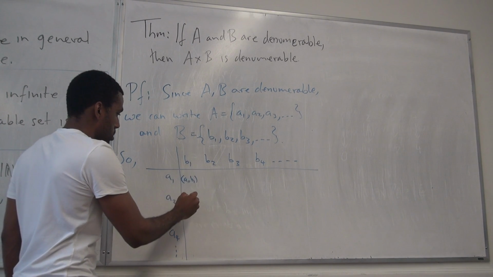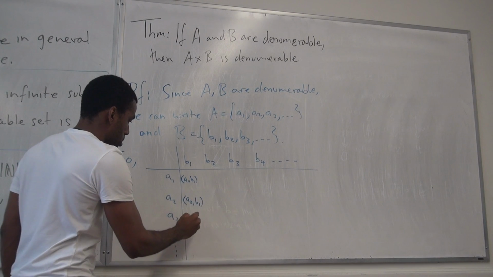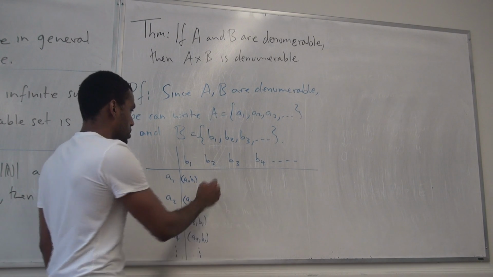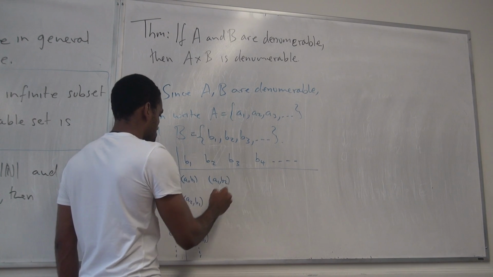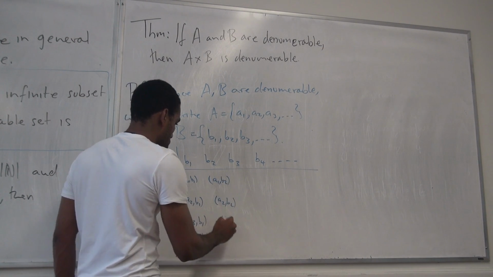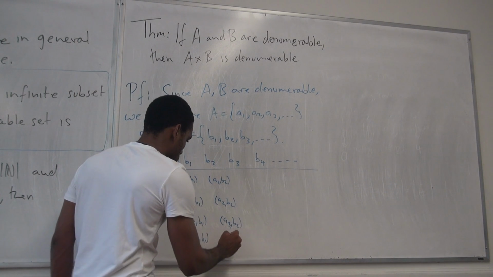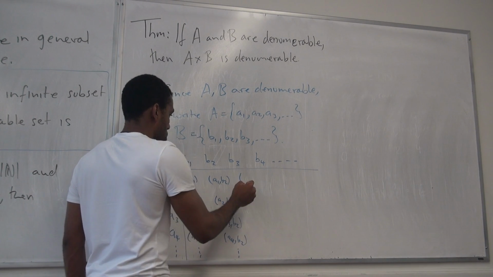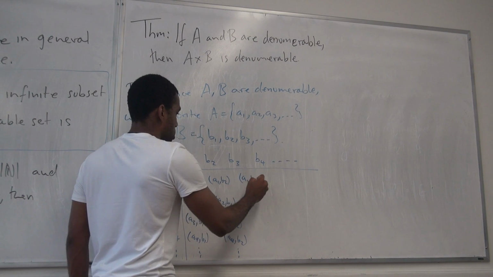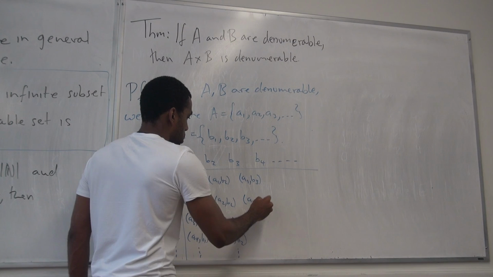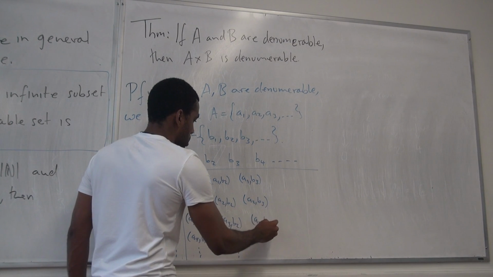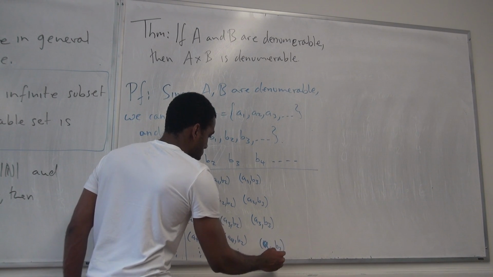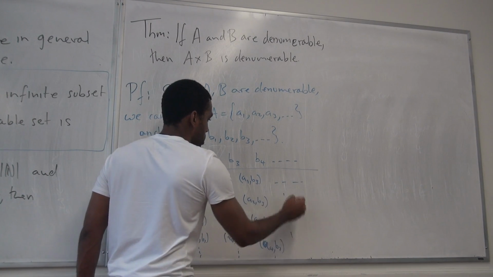So A1, B1, A2, B1, A3, B1, A4, B1. It continues like that forever.